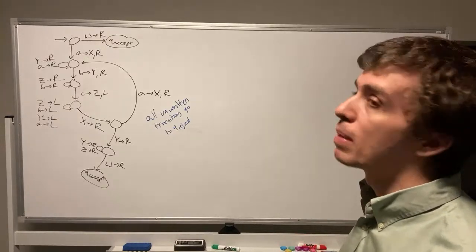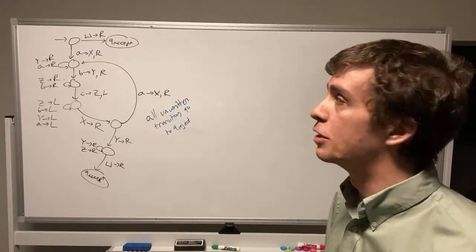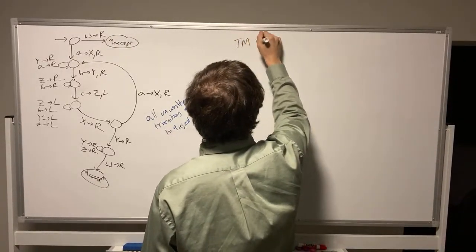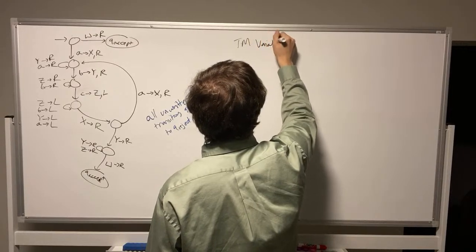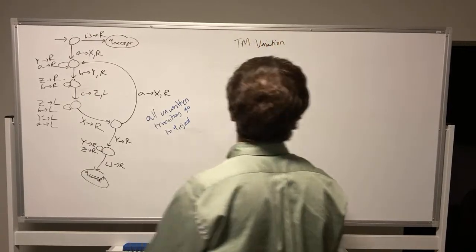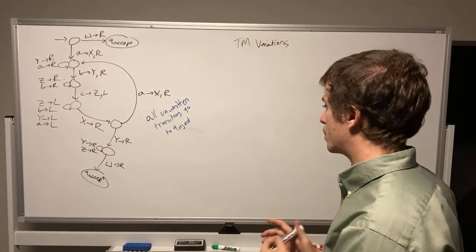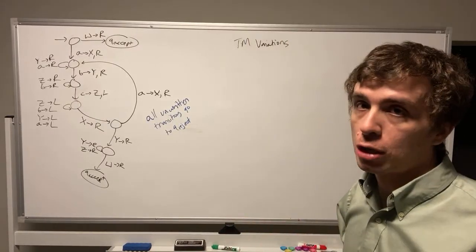So another one might be Turing machine variations. Not like Elgar variations or something like that, but a variation on the Turing machine model.